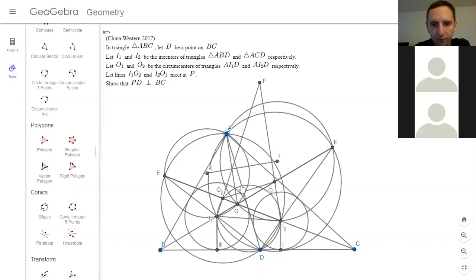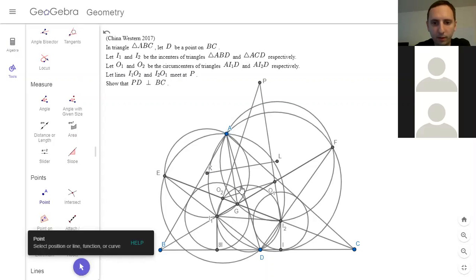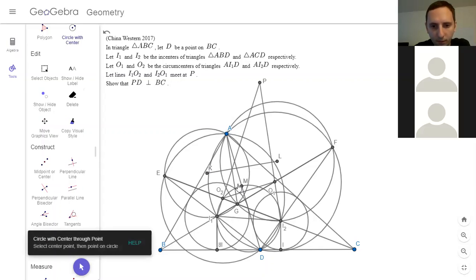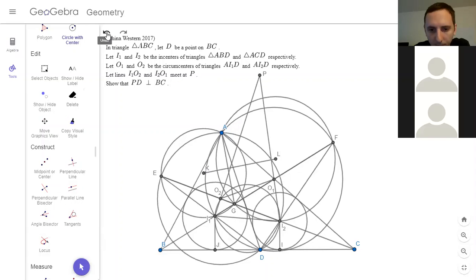Does this circle pass through the midpoint of AD? Let's see. I don't think so, but it's worth a check.